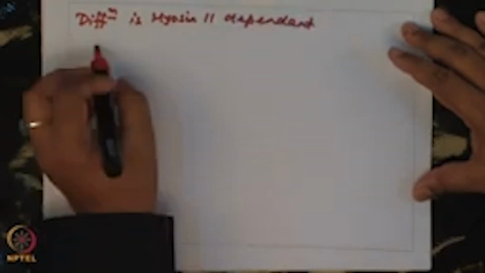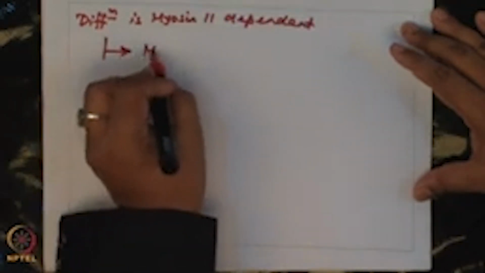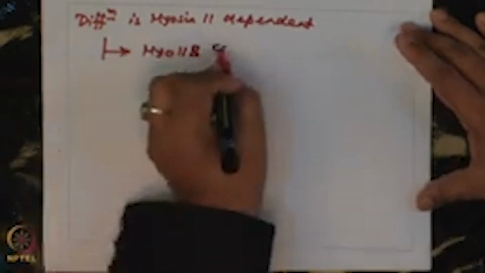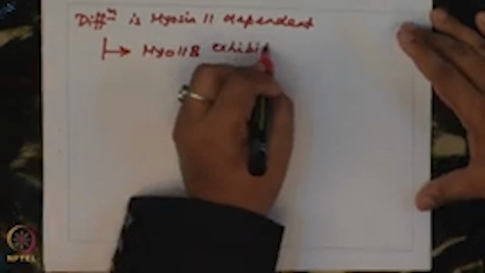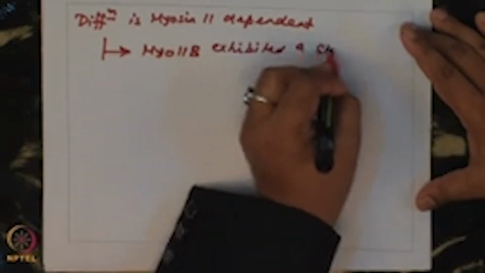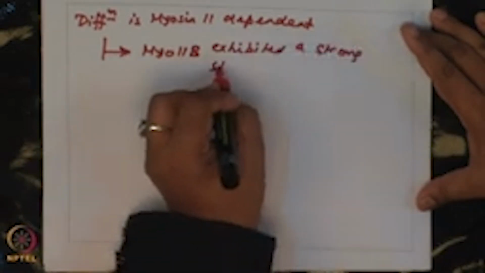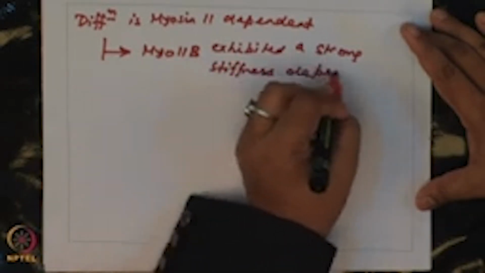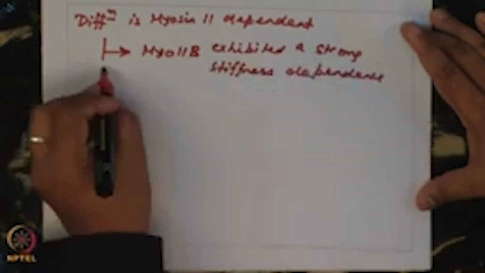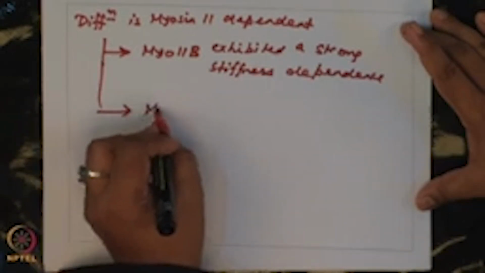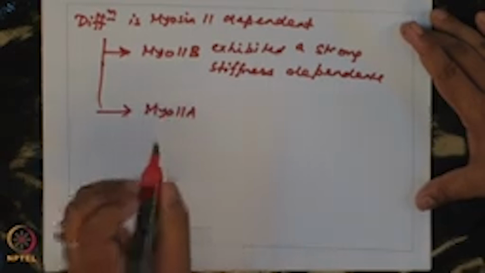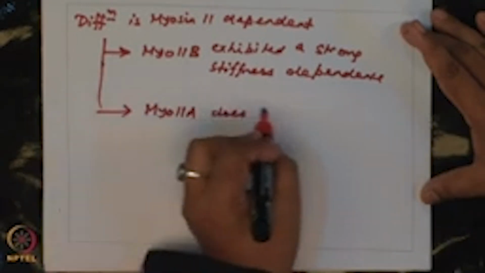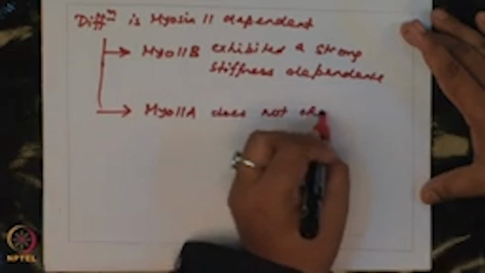So, what the authors found was myosin 2B exhibited a strong stiffness dependence. In comparison, 2A does not change drastically with stiffness.